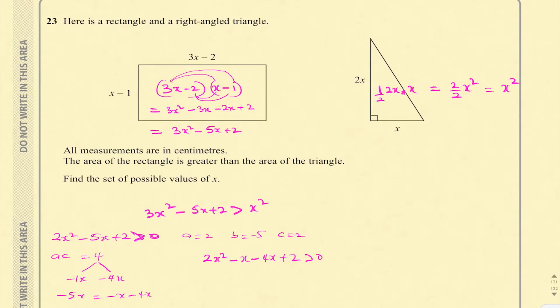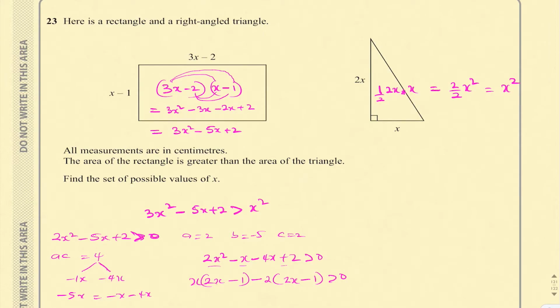So I need to factorize this. x is common between the first two, leaving 2x minus 1, and then because there's a minus there, I need to be careful with the plus. I'm taking 2 out, so I have 2x minus 1 as well, and that's greater than 0.